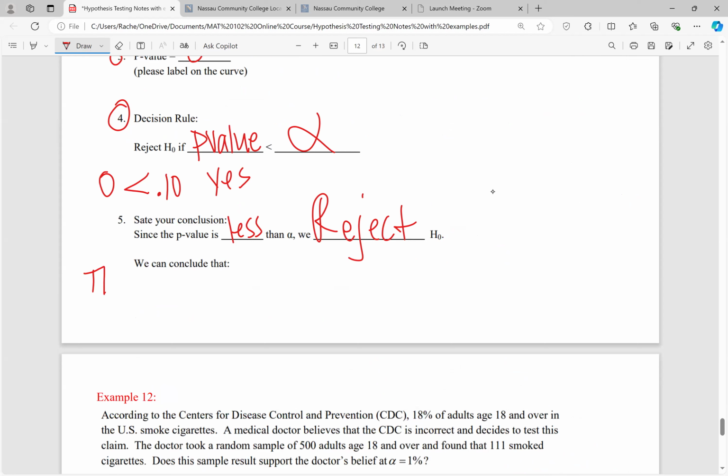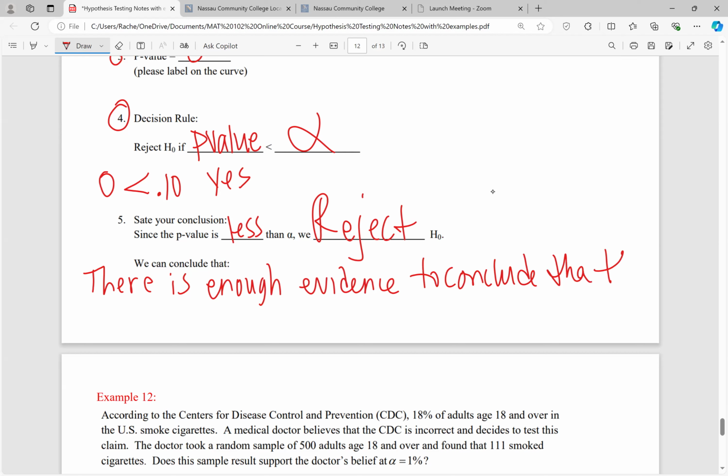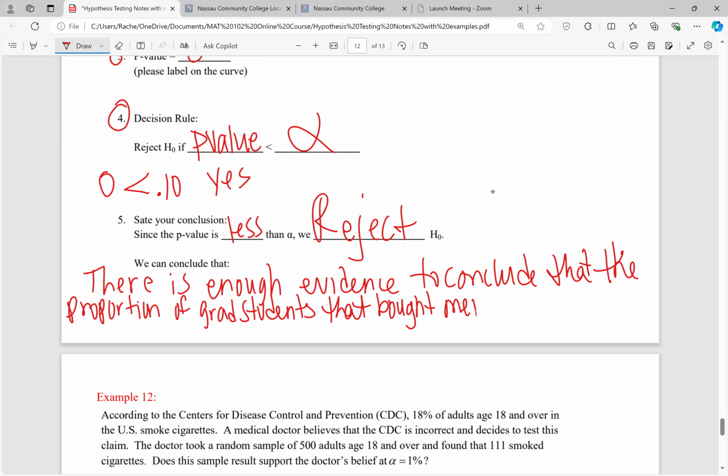So we can conclude that there is enough evidence to conclude that the proportion of grad students that bought merchandise, we'll just call it merch, online is less than 60%, right?